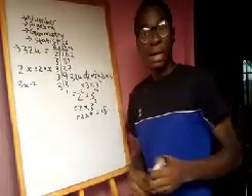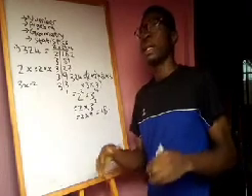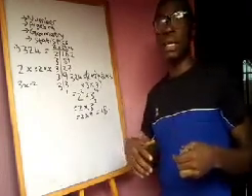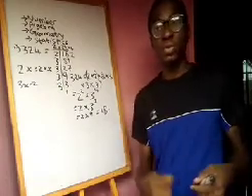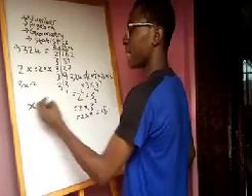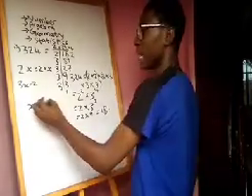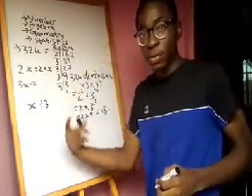Now, they said multiply a number by 3. Okay, let me change the question. Let's say divide a number by 3 and subtract 2 from the result. So that number, let's call it x. So we are dividing x by 3. So that would be x divided by 3, and then I said subtract 2 from the result.